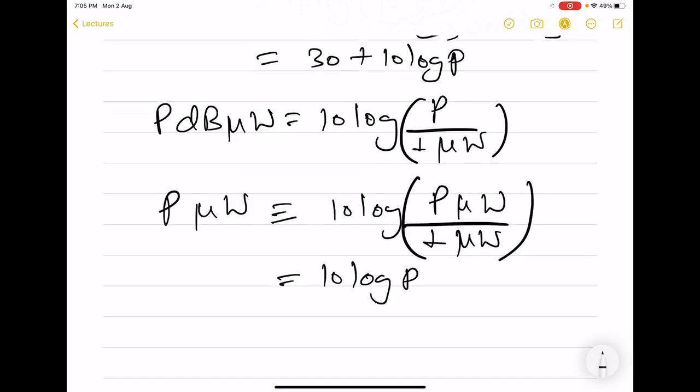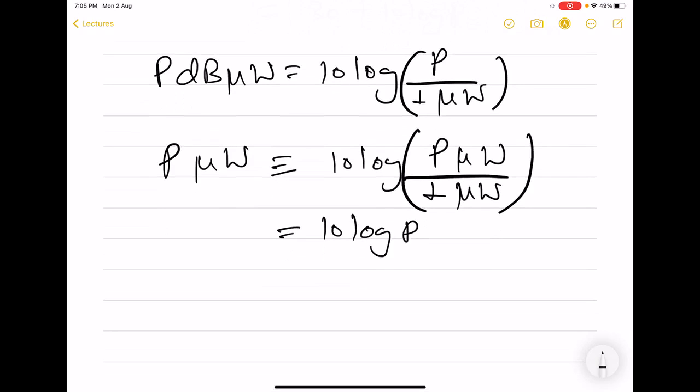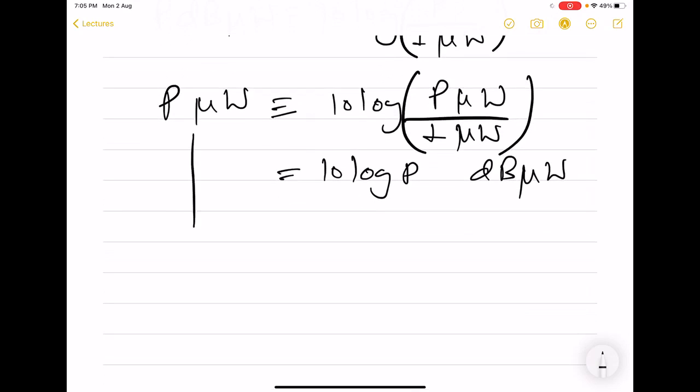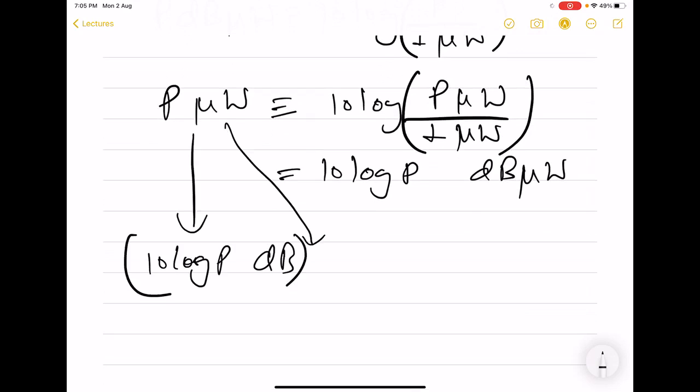Simply 10 log P, and this will be in dB microwatt. So whether you go for this interpretation or the earlier one, that means this can be directly converted into 10 log of P, and you just write dB and this unit here. Both give the same result, and both are equivalent interpretations of dB microwatt or dBm or such units.